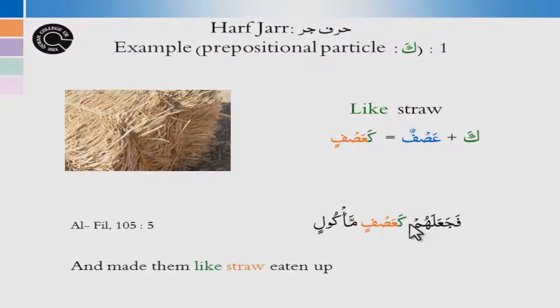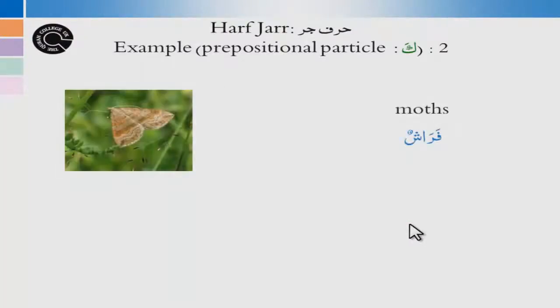Let's take another example which says farashun, moths. Then it will say al-farashu, and if you put the kaf in front of it, it will become kal farashu, and then the alif with the fatha, which is hamzatul wasl, would drop, and ka would act on it and take it to the jar, so it will become kal farashi.